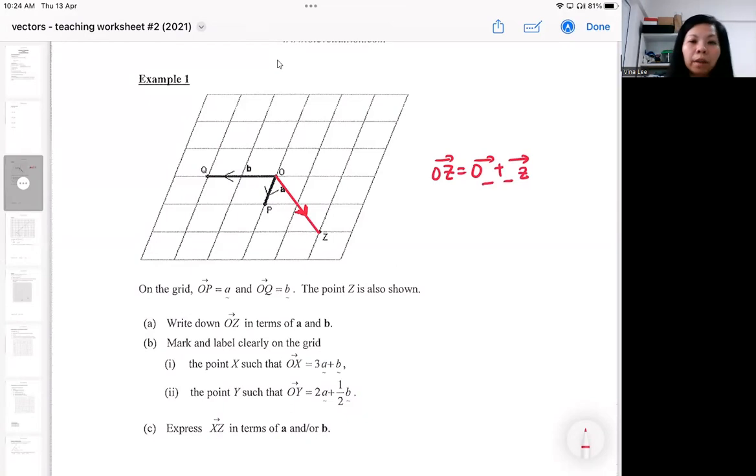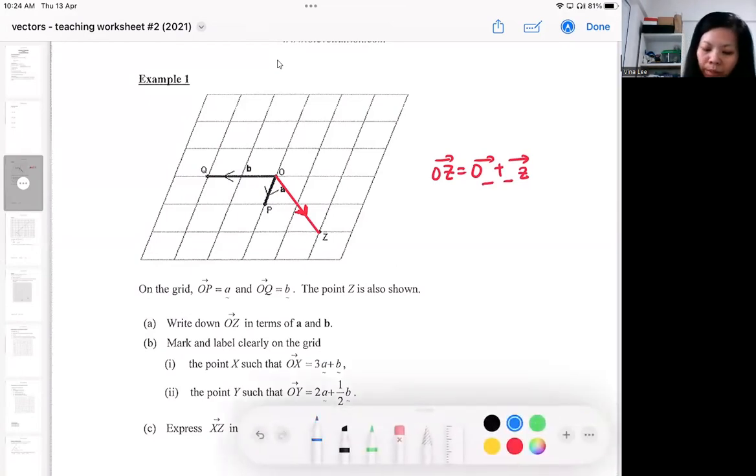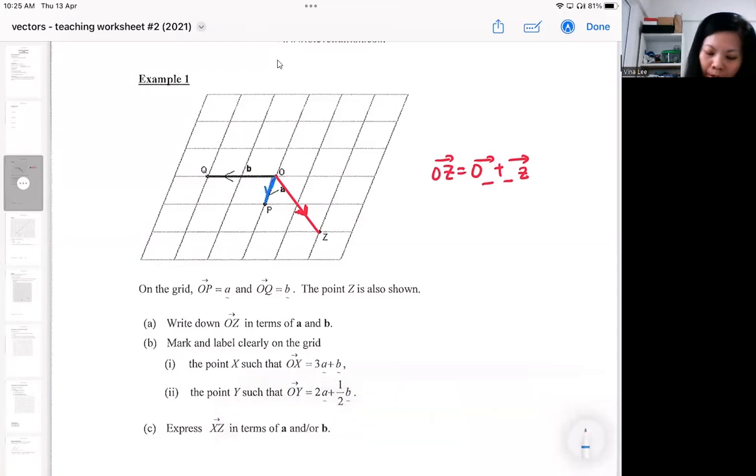It's still an addition of vectors, but you need to make use of the ones that are given to you. For example, I can see that I will need 2 of this and then 2 of this. So this should be a 2A.